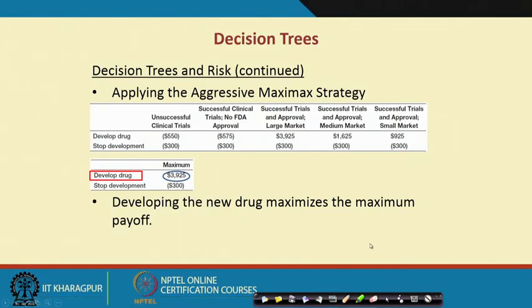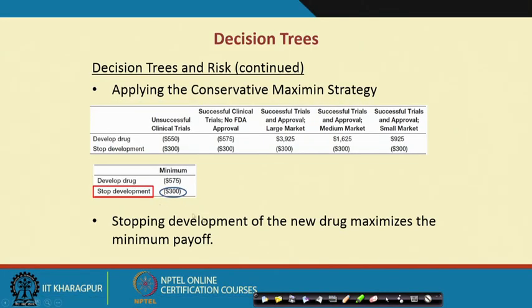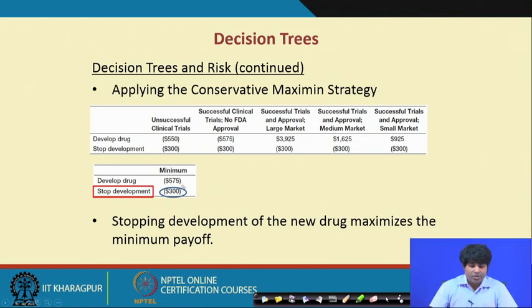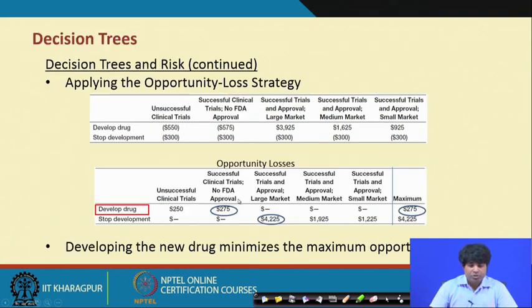Now corresponding to these outputs, if you apply the minimum criteria, ultimately this will be the minimum, and then finally you have to find out which one is the best requirement as per the minimum. As a result, 300 will be the best choice as per the particular requirement.